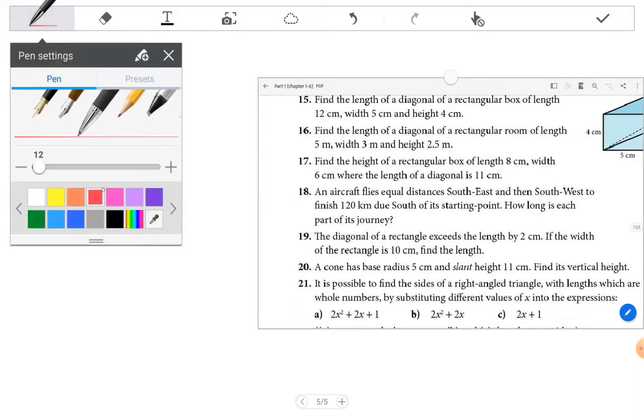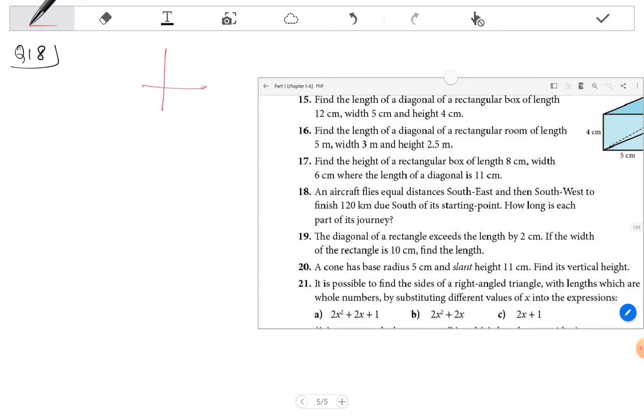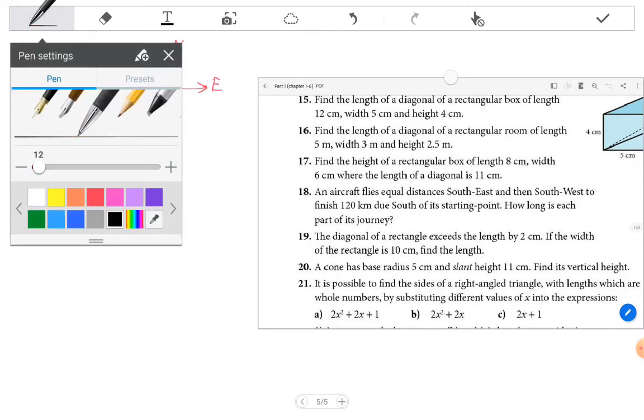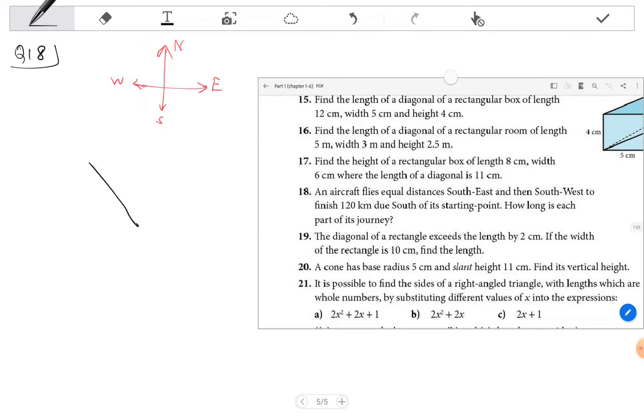First of all, I should draw my diagram. This one is southeast. Go southeast.